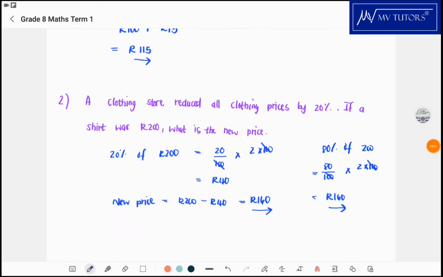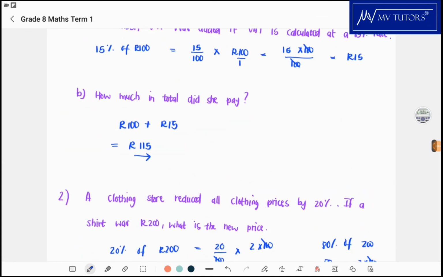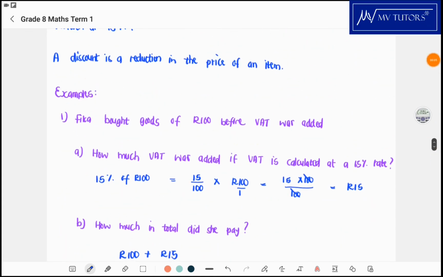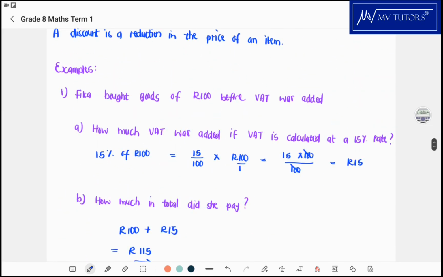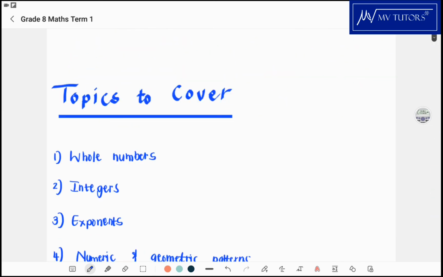And ladies and gentlemen, that is the conclusion of the topic of whole numbers. It was quite a lot, quite heavy. We definitely did whole numbers, and we can take that off the list. Remember, we did the properties of whole numbers.